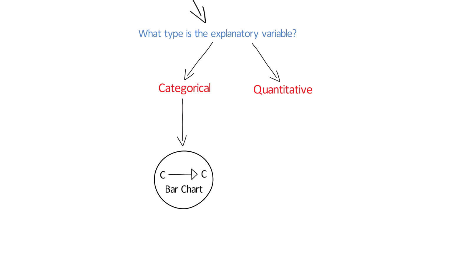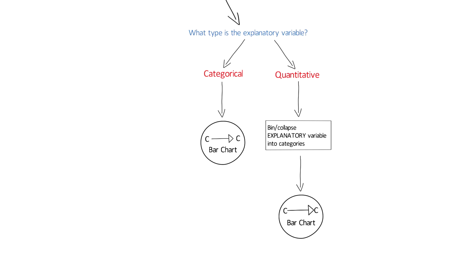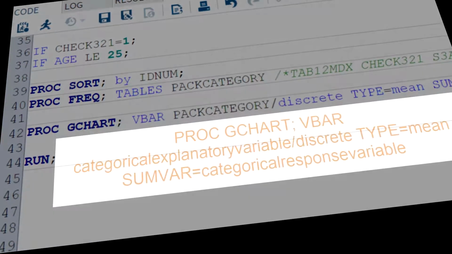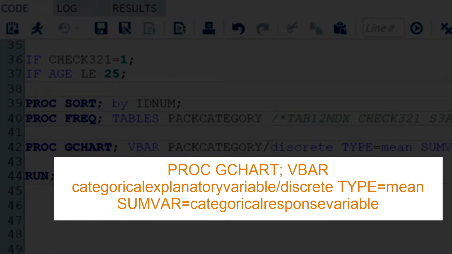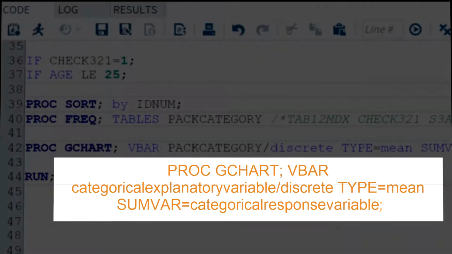Back to our graphing decisions flowchart. Now that we've collapsed our explanatory quantitative variable into categories, we're ready to make our C2C, or category to category, bar chart. When graphing the relationship between a categorical explanatory variable and a categorical response variable, we use the code proc gchart semicolon vbar categorical explanatory variable / discrete type equals mean sum var equals categorical response variable, and end it with a semicolon.